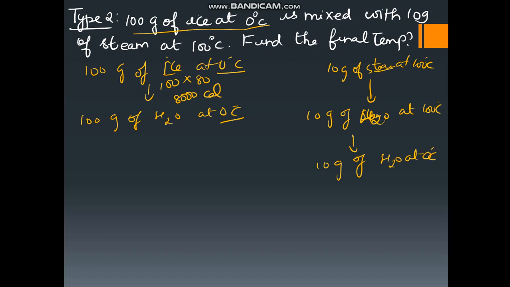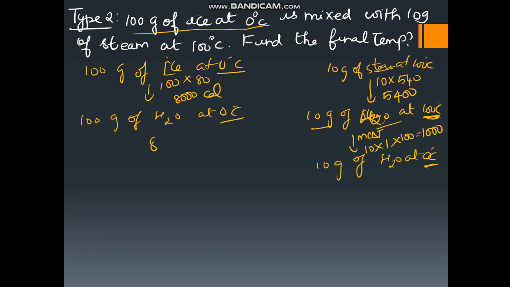So steam is converted to water at 100 degrees Celsius. So m into latent heat of steam is 540, so 5400. Next, water at 100 degrees converted to 0 degrees Celsius, so mc delta T, since change in temperature is there, so 10 into specific heat capacity of water is 1 into delta T is 100, so this is 1000 calories.